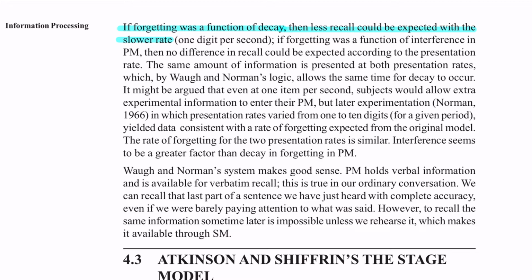When we have more time and 16 digits are presented to you, then there will be high chances to forget, because more time is lapsing, so older information will be forgotten, right? So that was the hypothesis, because it is consuming more time, more forgetting will happen.